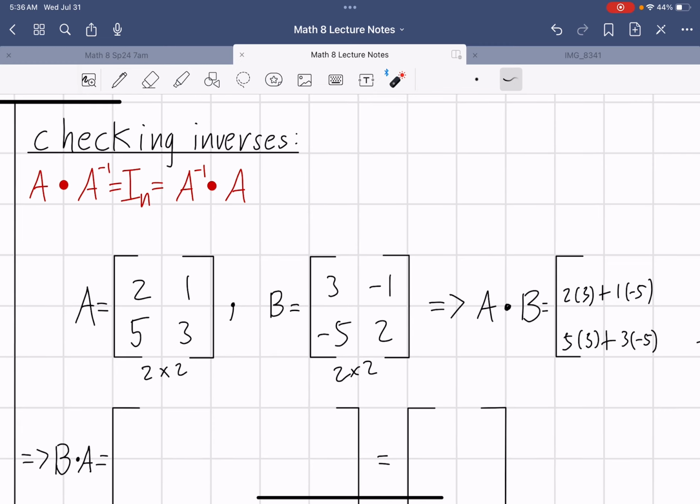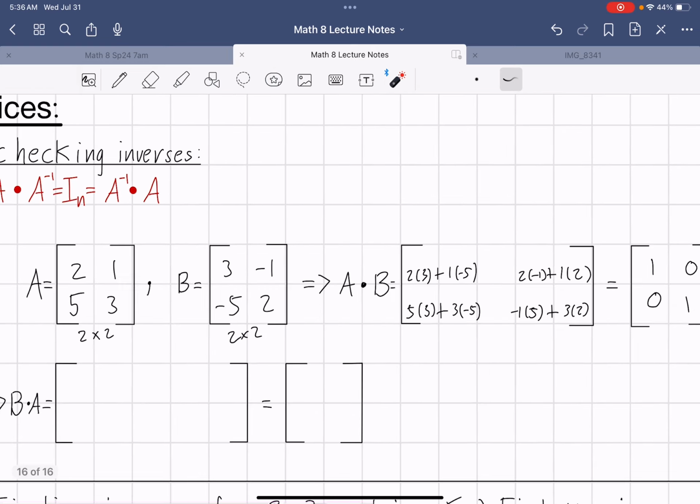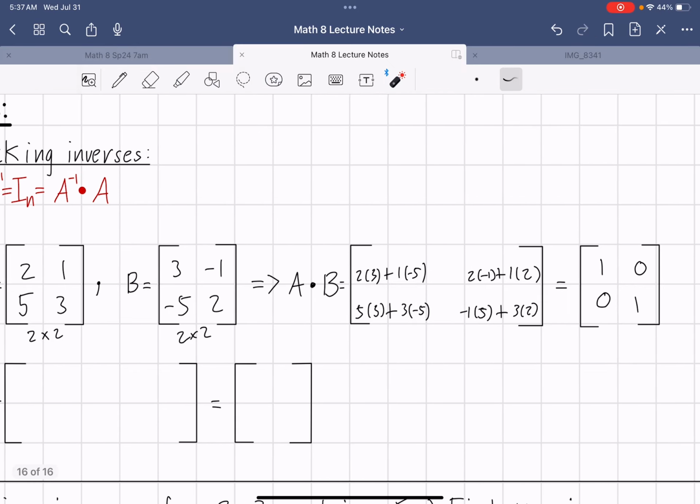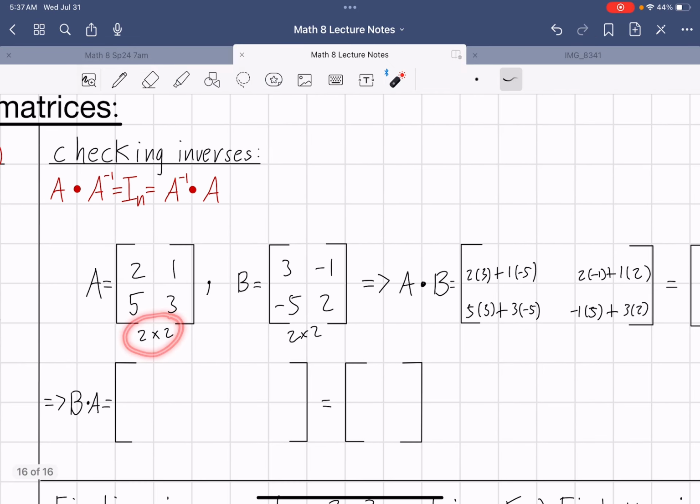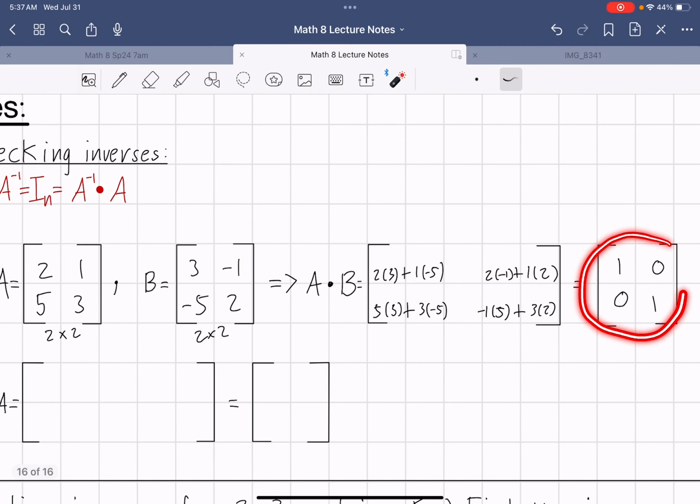Now, here's an example of A and B that we did in the previous section, which when we multiplied, these are definitely 2 by 2 matrices. When I multiplied them, I was left with a 2 by 2 identity matrix.